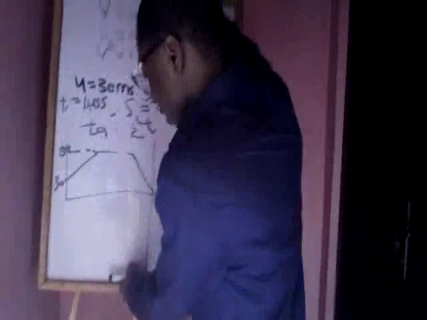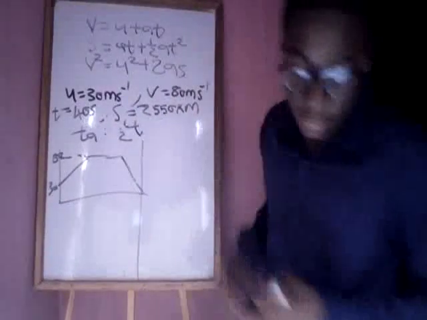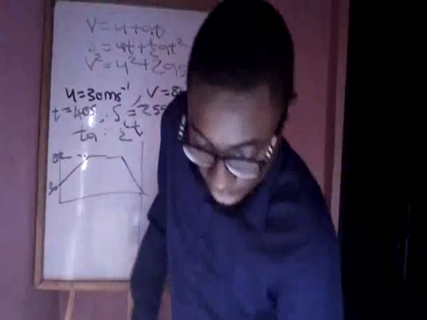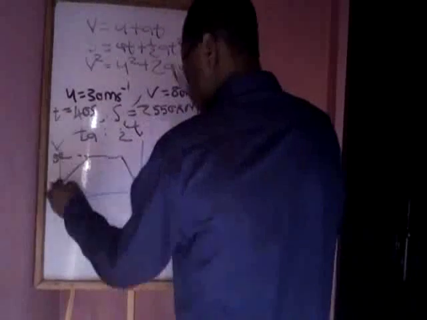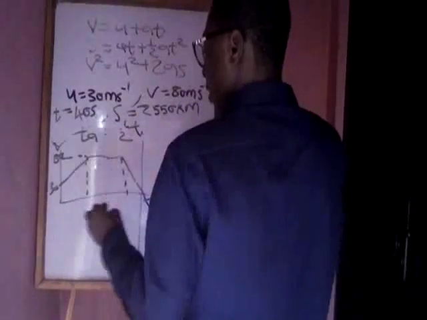If the time spent accelerating is half that of time traveling at constant velocity, then this is a graph of V against T. The time spent accelerating is half the time.